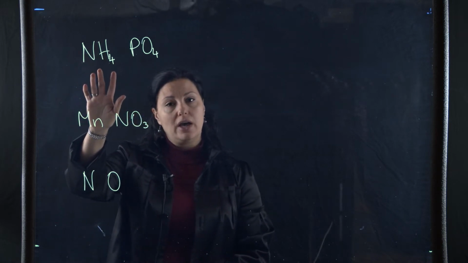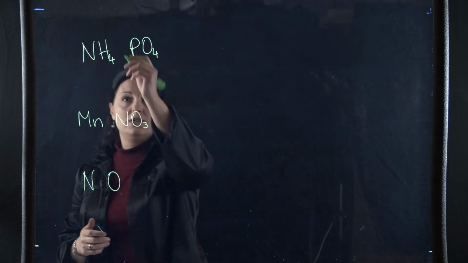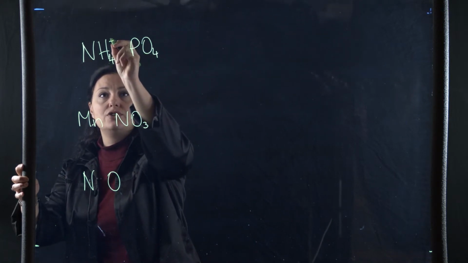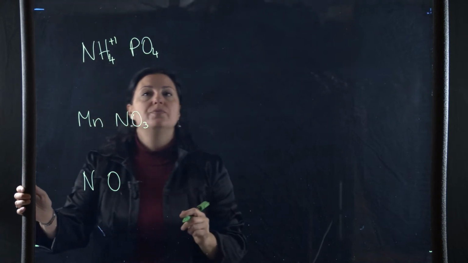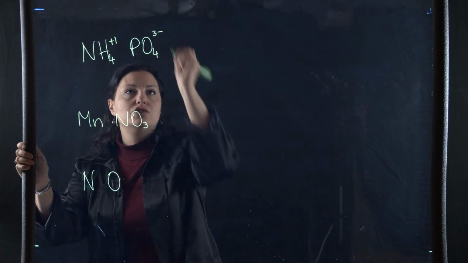This is my ammonium ion, and ammonium is the only polyatomic ion that we're going to talk about that has a positive charge. It's a +1 charge. The phosphate ion is a 3- charge.